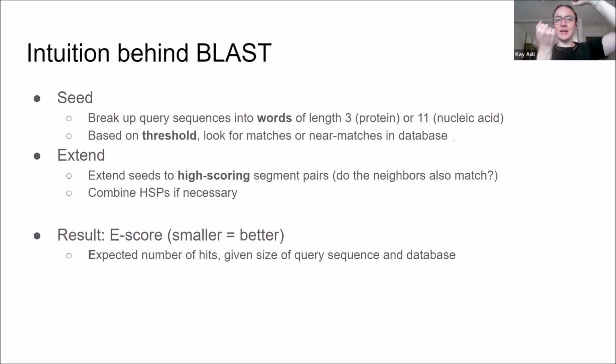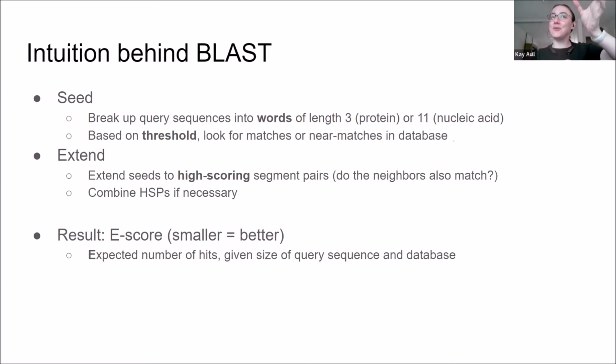And you want to extend your seeds. All right, so you found your 11-mer, and now you can start extending from that. How well do the flanks match? And you want to extend these things, and you'll get your high scoring segments. What you're looking for is high scoring segments next to one another. You've thrown all of your seeds at this database.